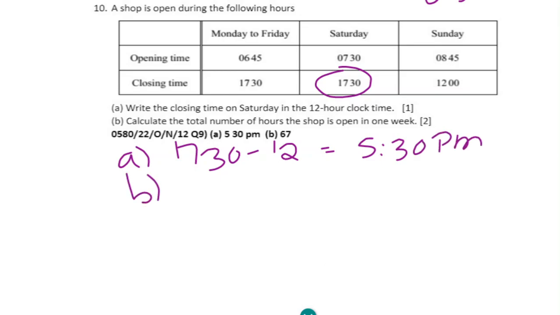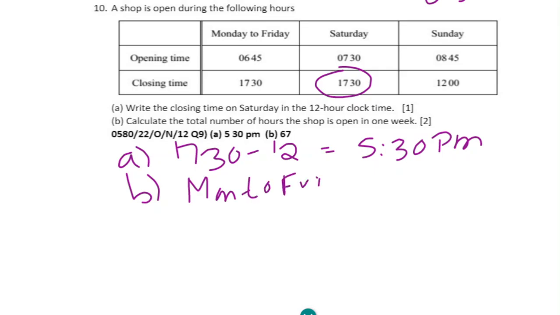Part B, calculate the total number of hours the shop is open in 1 week. So let's check from Monday. From Monday to Friday, how many hours did the shop stay open? For that, simply subtract the 2 times.